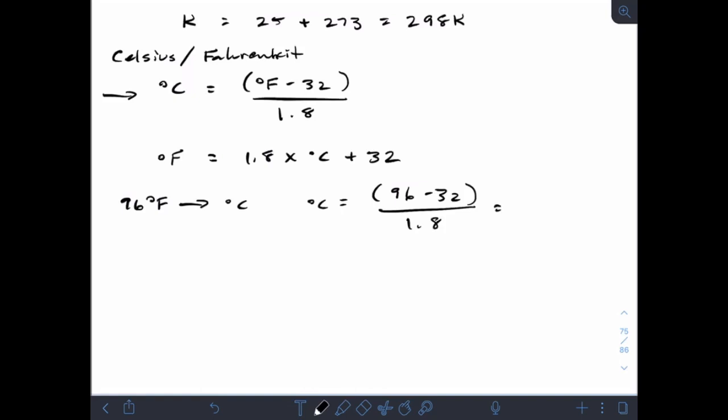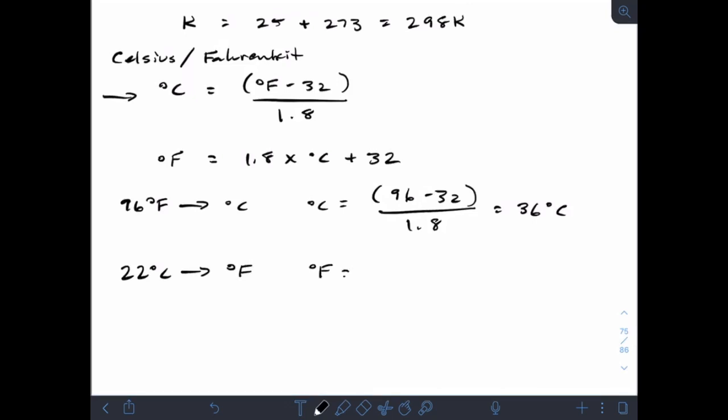So my degrees Celsius should come out to be 36 degrees Celsius. On the other end of the spectrum, let's say I have a temperature of 22 degrees Celsius, and I want to know what that is in Fahrenheit. Degrees Fahrenheit equals 1.8 times my degrees Celsius, which is 22, plus 32, which means a nice comfortable temperature of 72 degrees Fahrenheit.